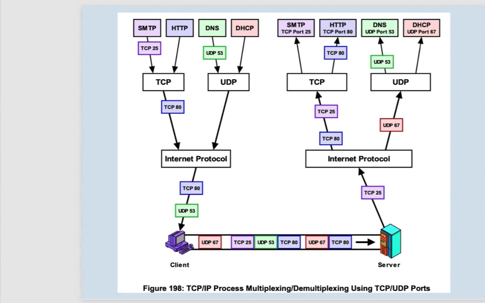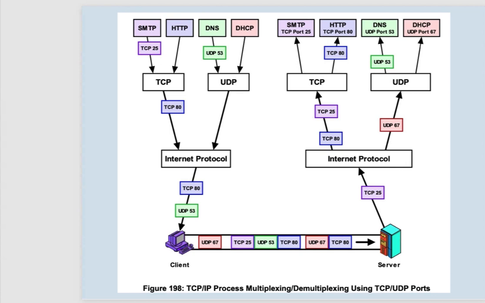The different numbers that we will see are used by different applications to allow us to have at my local client station a number of applications running at the same time, some of them using TCP at the transport layer, some of them using UDP, and then the Internet Protocol doing the routing of these packets that come from multiple applications and go to multiple applications on the other side, where the numbers that we assign to them, the TCP port numbers or UDP port numbers, allow the information to be sent to the correct listener at the other end.